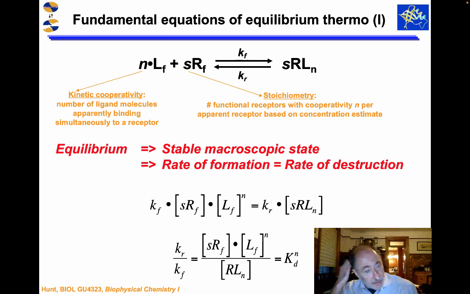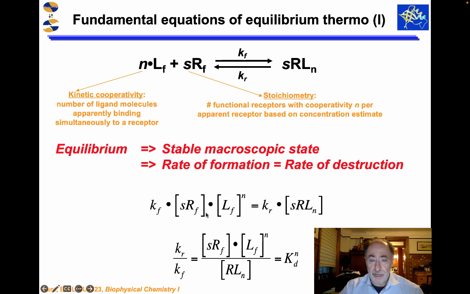Then simply rearranging this, in a very straightforward way, which we've done before, we get the ratio of the reactant concentrations, SRF times LF to the n, to the product concentration, which we now represent by Kd to the n. For a given reaction at a given temperature in a given buffer environment, this is a constant, and it is what you will observe when the system hits equilibrium.